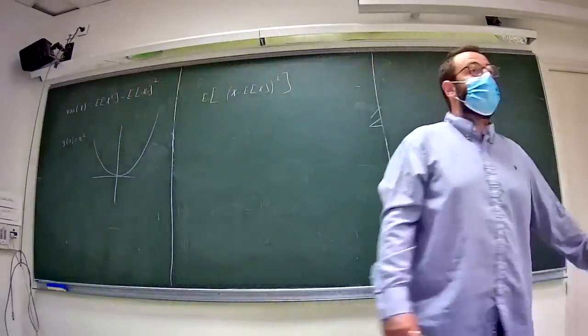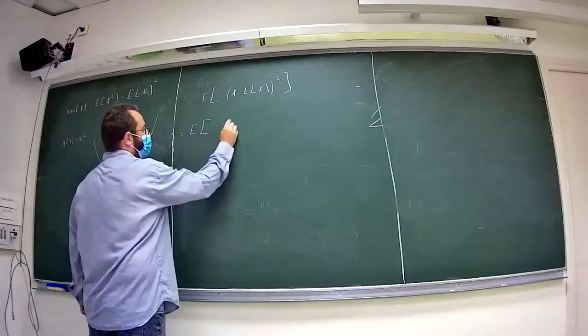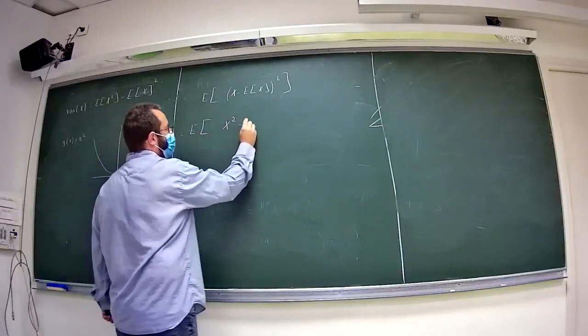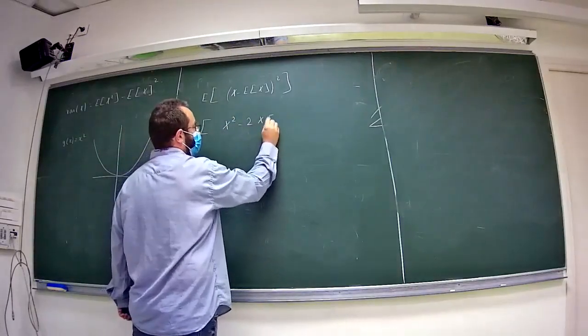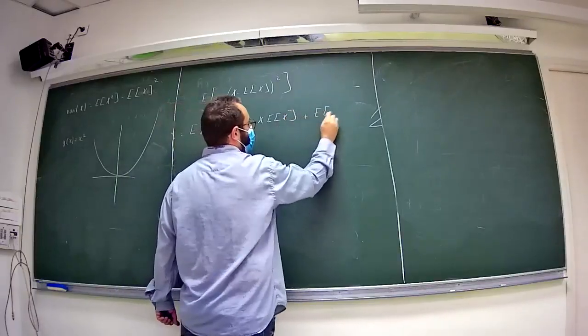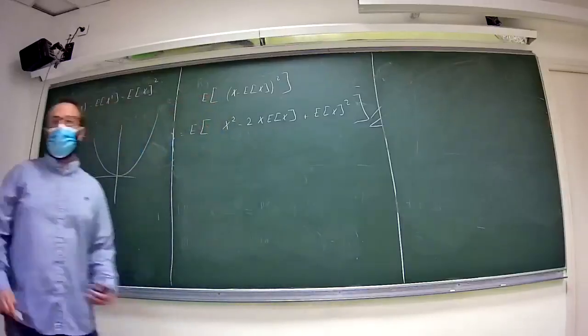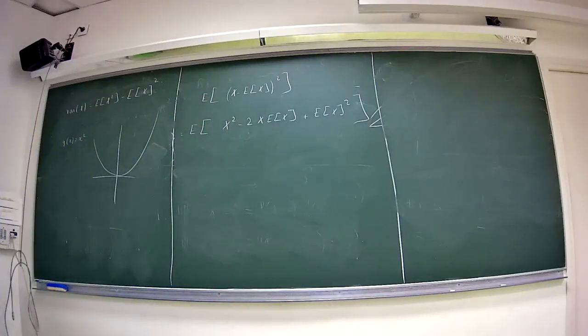I develop it, I don't have the choice. If I develop my square, I obtain x squared minus 2x expectation of x plus expectation of x squared. You have three terms, the classical formula for the square: x squared minus 2 times x times the expectation, plus the square of the expectation.